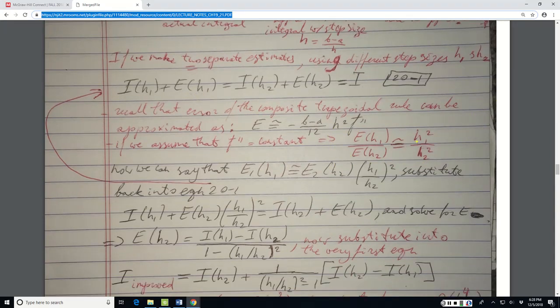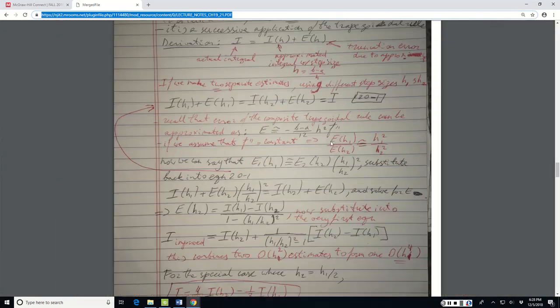What you can do then is you can rearrange this equation to solve for E1 in terms of E2 and the two step sizes. And once you can express one of the errors in terms of the other, you can simply plug it in to here, for example.